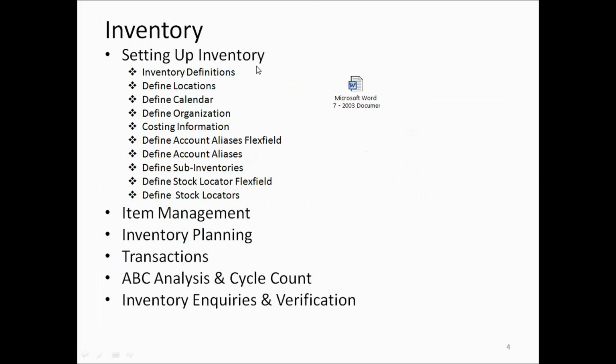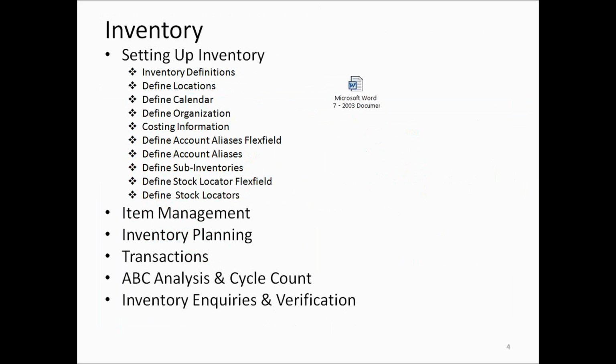If you say setting up inventory, so inventory definition, define locations, define a calendar, define an organization. There are different things which have to be done from the implementation per se and as a consultant to build a system. Okay, so if you see, for one heading there are so many. In the same way, in item management there are many item attributes, item definition, status control, and all that.